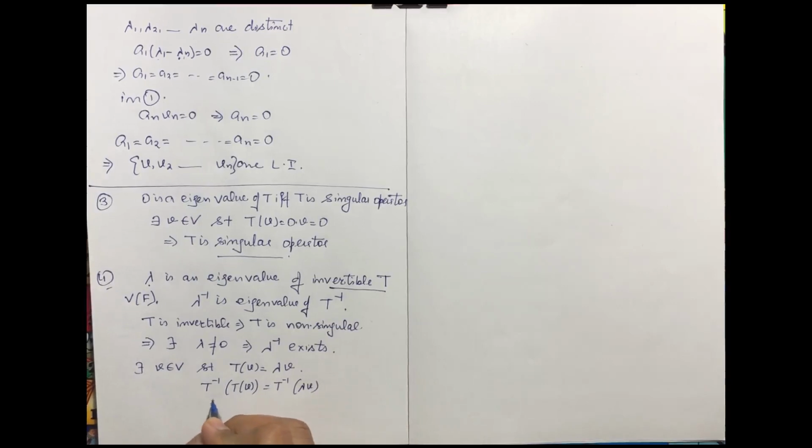On the left hand side we get v equals lambda times T inverse of v, which further implies, rearranging the terms, T inverse of v is equal to 1 by lambda times v, or lambda inverse times v. That means lambda inverse is an eigenvalue of T inverse.